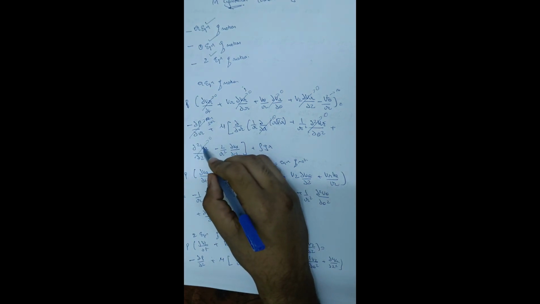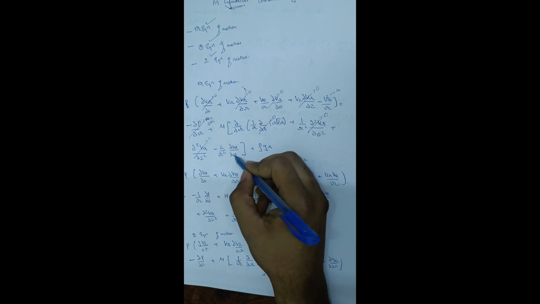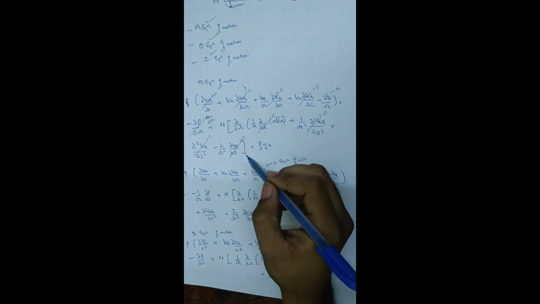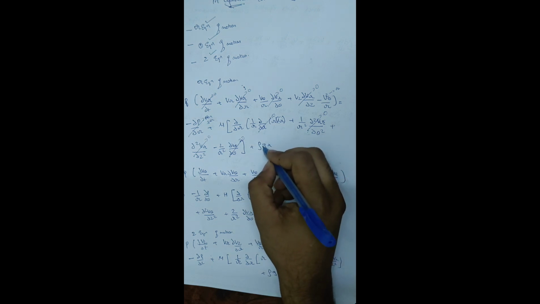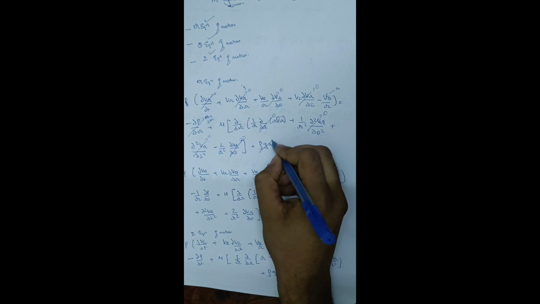The term dou square Vr by dou z square is 0. And v theta is a function of r, so dou v theta by dou theta is also 0. We don't have gr in this direction, so this is also 0.